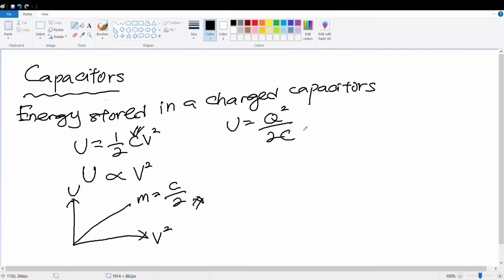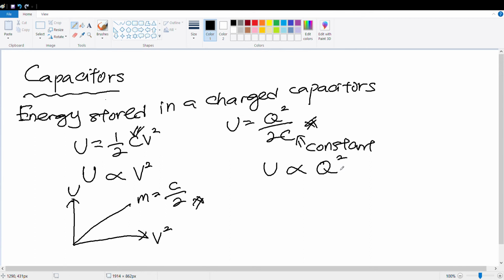As for this formula, it consists of U, Q squared, and C, and there's no potential difference in it. Since C is constant, U is directly proportional to the square of the electrical charges.